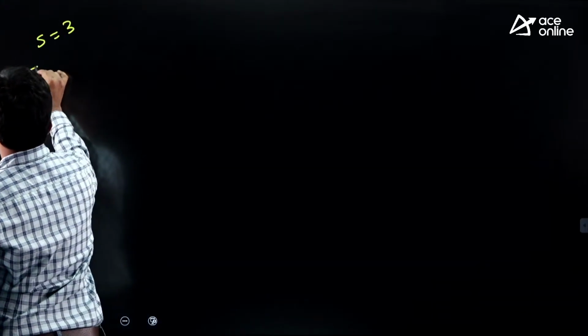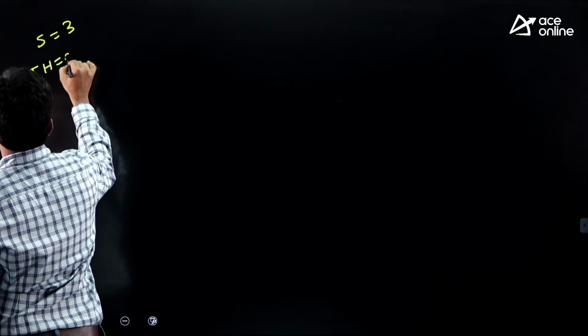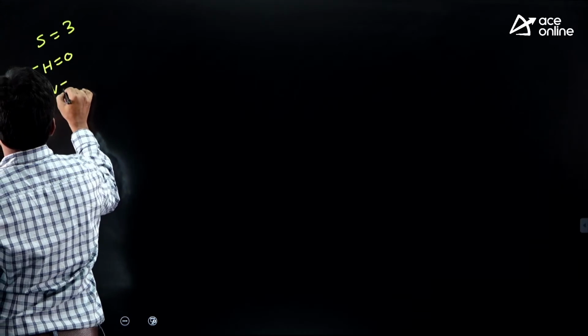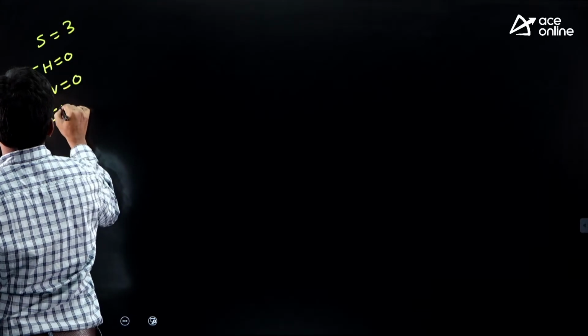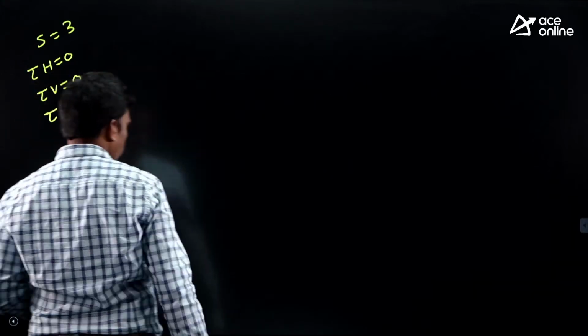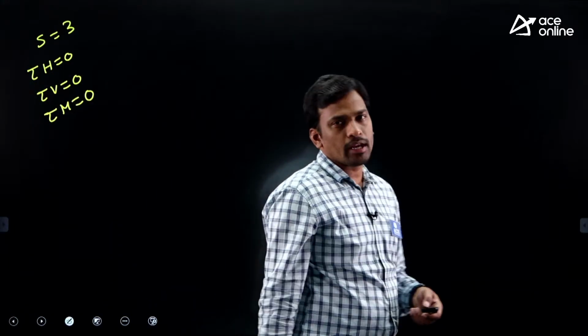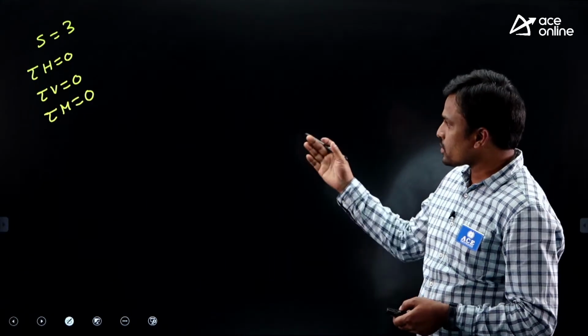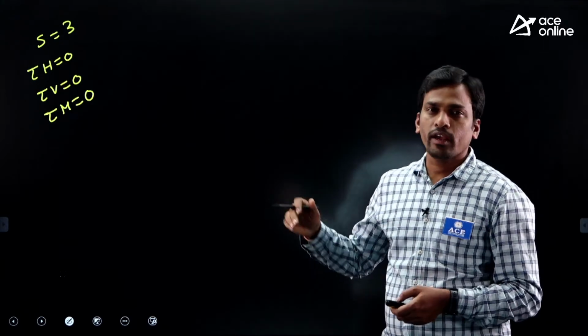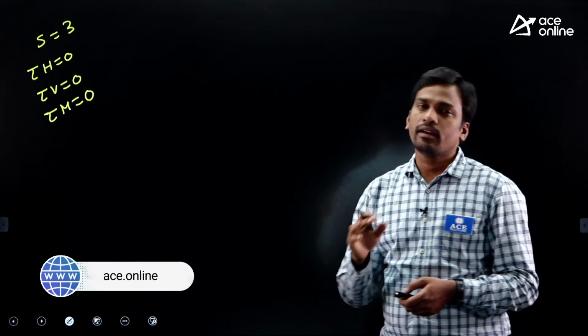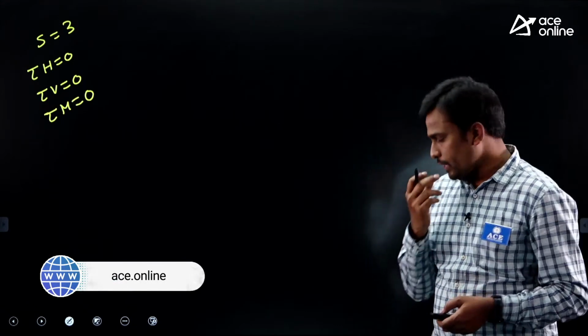So here sigma H equals 0, sigma V equals 0 and sigma M equals 0. These are the 3 equilibrium equations. Now using these 3 equilibrium equations, we are going to analyze the trusses.